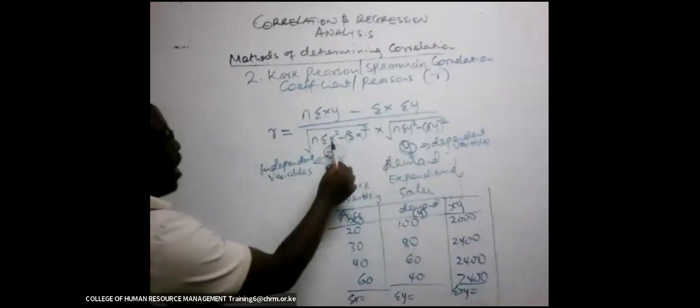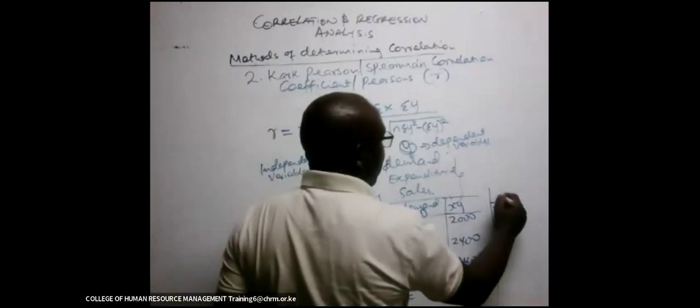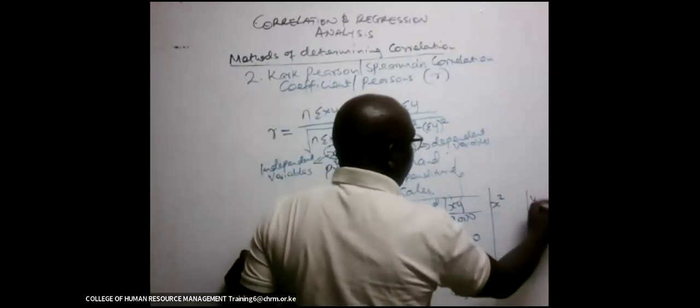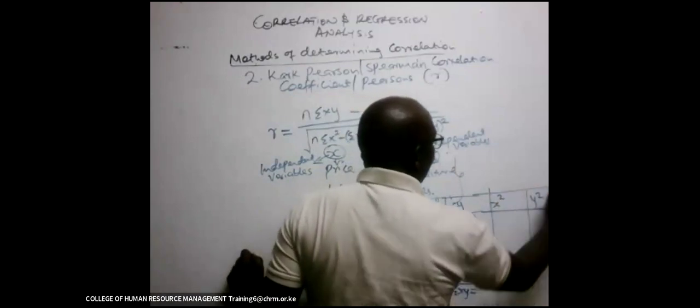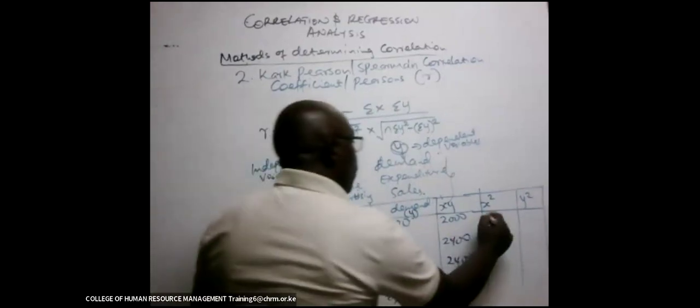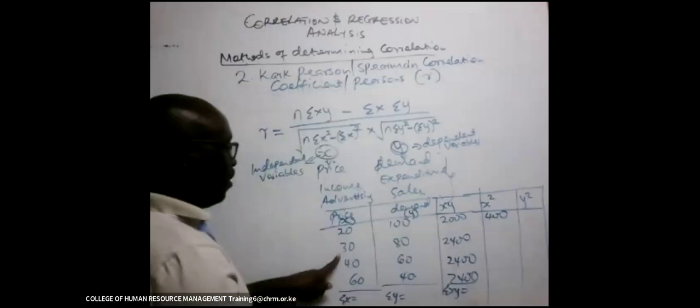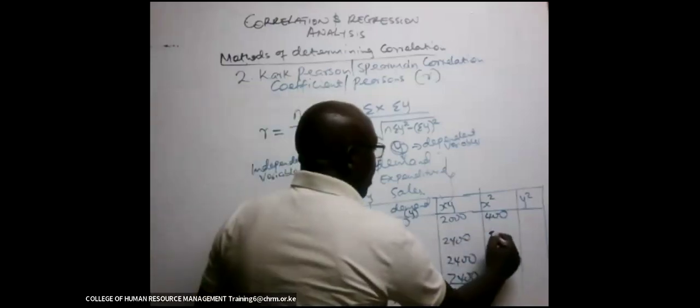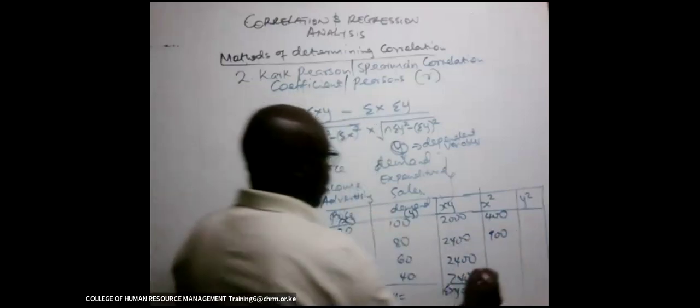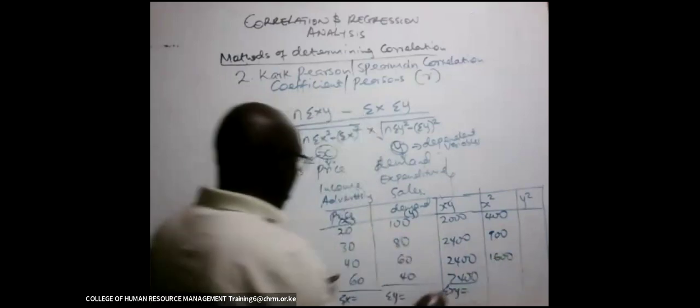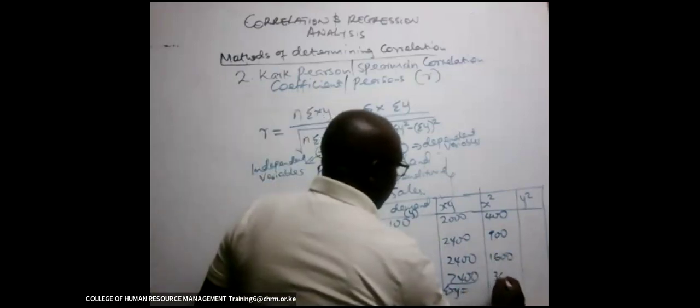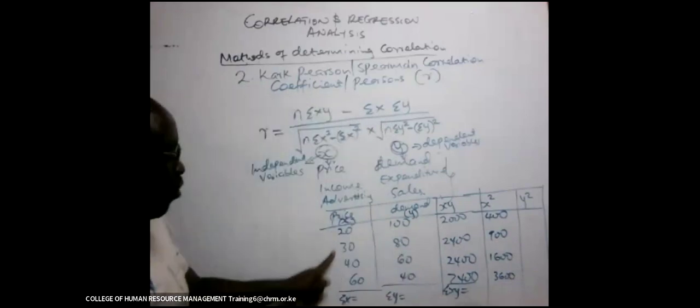Then you also proceed and get a column for X squared and Y squared, where X squared simply means you go to the values of X and square them. 20 squared gives you 400. 30 squared gives you 900. 40 squared gives you 1600. 60 squared gives you 3600. That is the X squared.